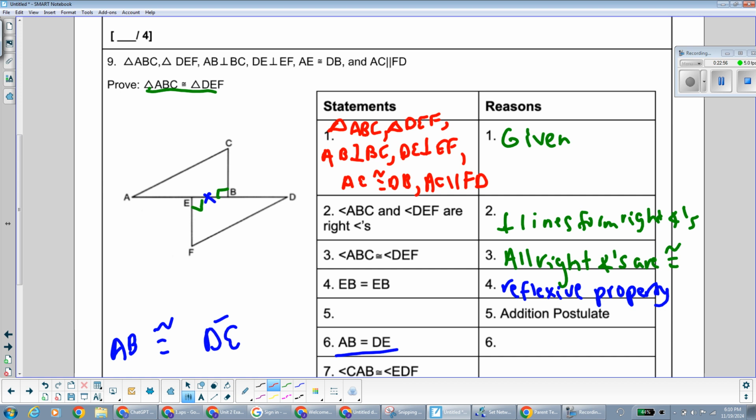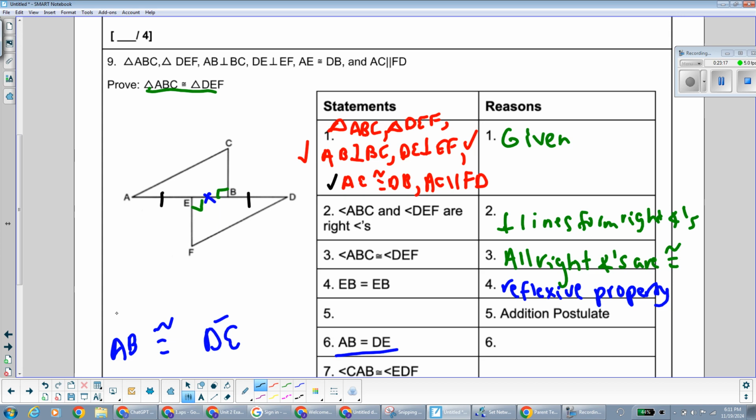I'm starting back with my givens, because I can check off the givens as I go. We already used the perpendicular givens, right? Because we got the right angles. Now we've got to use this next one. We're starting with AE being congruent to DB. Now I marked it, now I check it, now I used it.